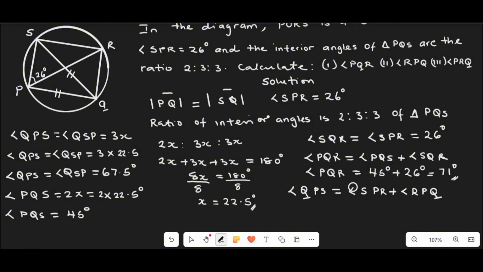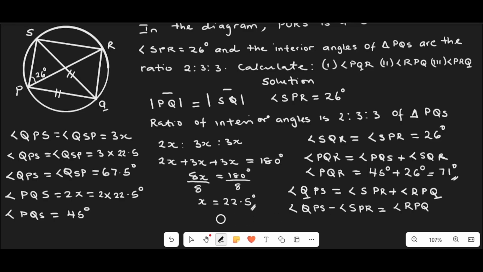If we move this to the left hand side, it will become a negative sign. So we can say angle QPS minus angle SPR equals angle RPQ. Let us substitute their values into this equation.